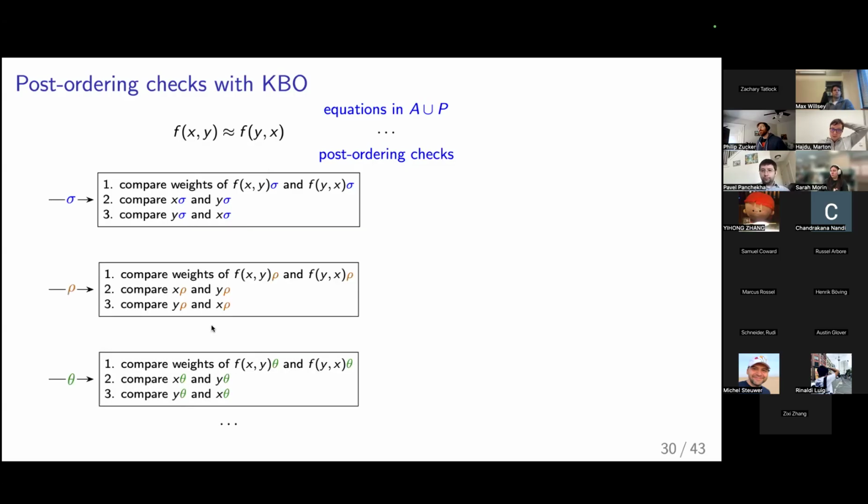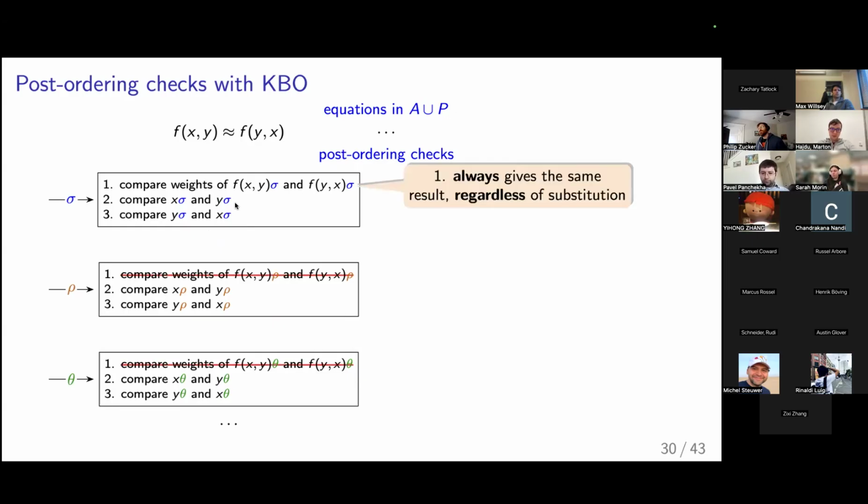And as I have said, for the same equation, we get different substitutions, but we get very similar post-ordering checks, modulo the substitution. Now if we start comparing the weights, for example in this first operation, we see that the weight computation is based on just counting how many symbol occurrences there are, multiplying these by their weights and adding them up.